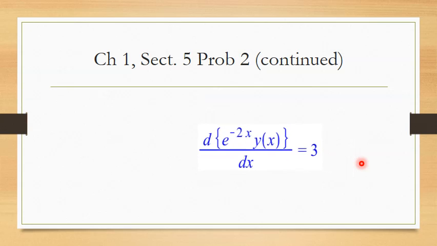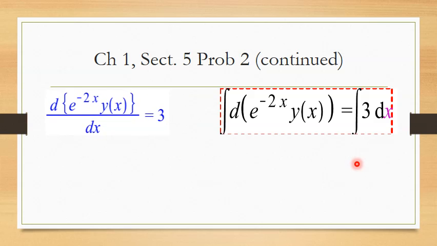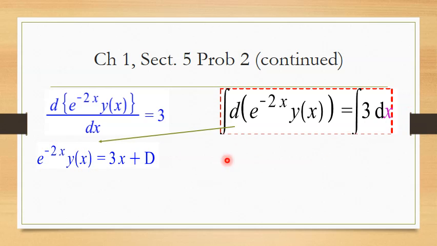And so now I can integrate both sides, and this integral is just going to give me my two functions back, and this integral is just going to give me 3x plus some constant, and I divide by my new exponential, and I get this expression.